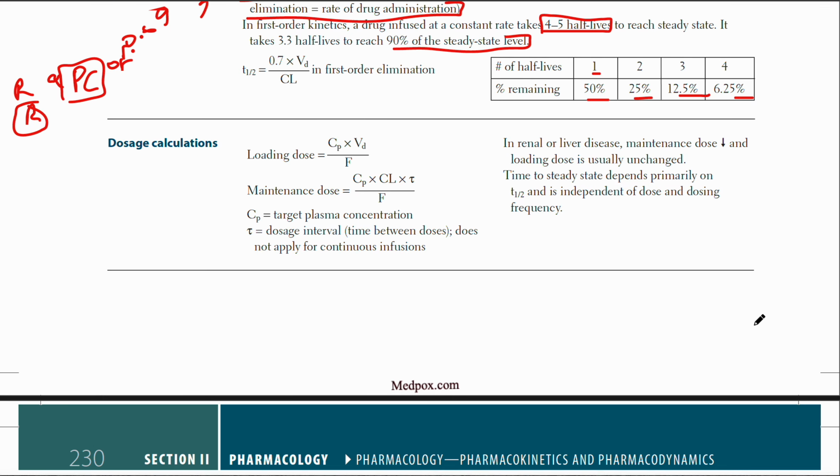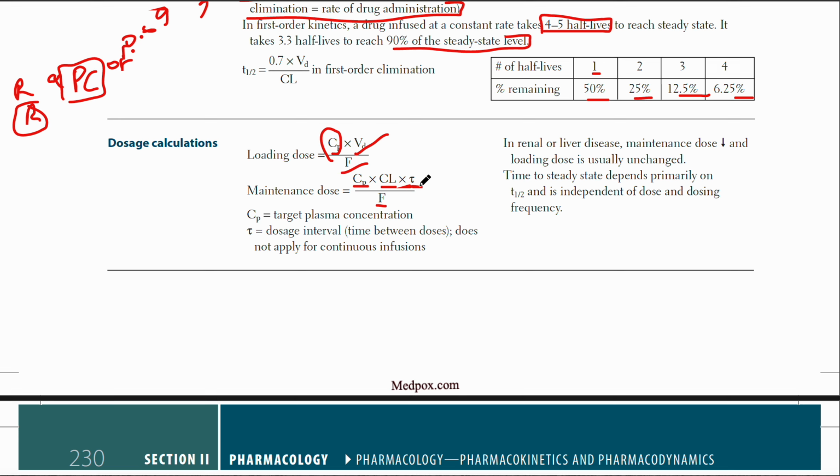Let's just calculate doses here. Loading dose we calculate by target plasma concentration times volume of distribution divided by bioavailability, and maintenance dose is target plasma concentration times clearance times dose interval divided by bioavailability.